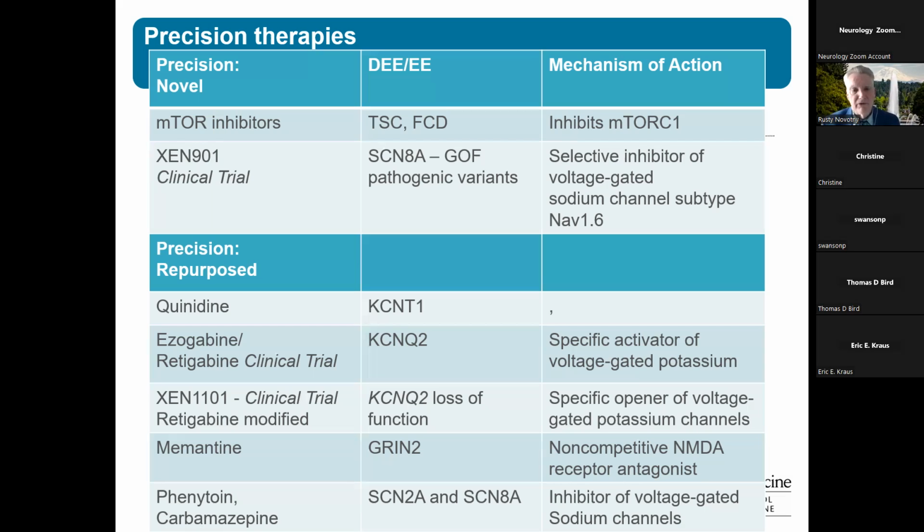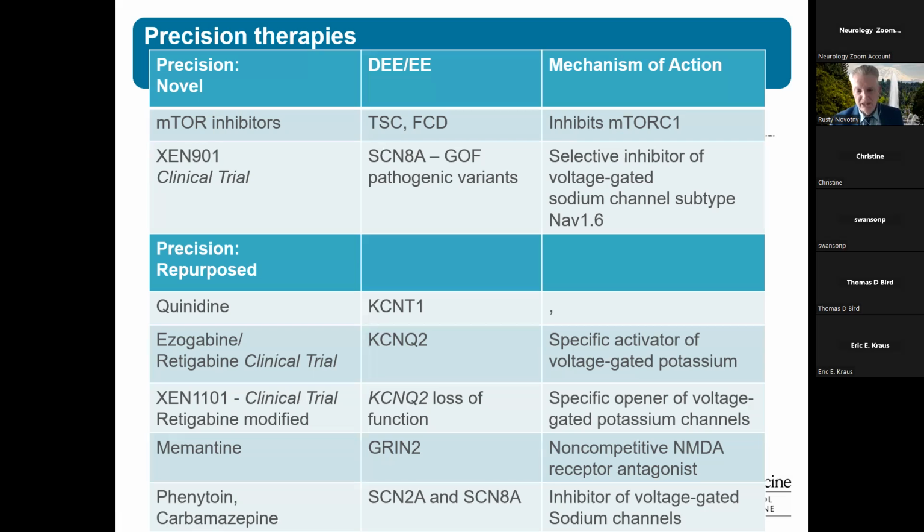For the epilepsy called SCN8A, with a specific gain of function, there's a trial which is due to a variation in retigabine that's being used at this point. As I mentioned, quinidine for KCNT1, ezogabine for KCNQ2, and again some modification of that retigabine is being used.